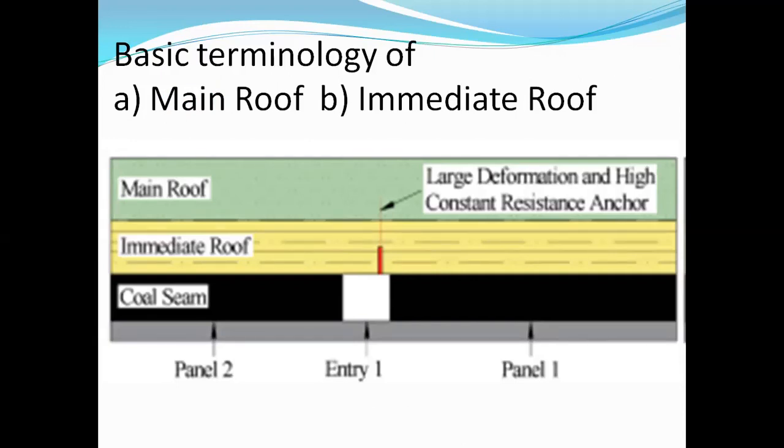See here in this diagram, this is the entry that we made inside the coal deposit to carry out the mining activity. The roof is called the overlying strata, which extends up to the surface. Now the roof which is present immediately above the opening is known as the immediate roof, and the roof which is present above the immediate roof is called the main roof.